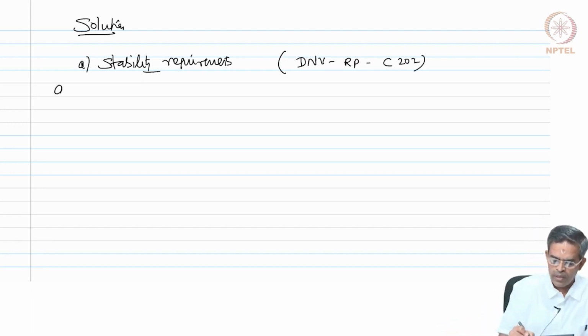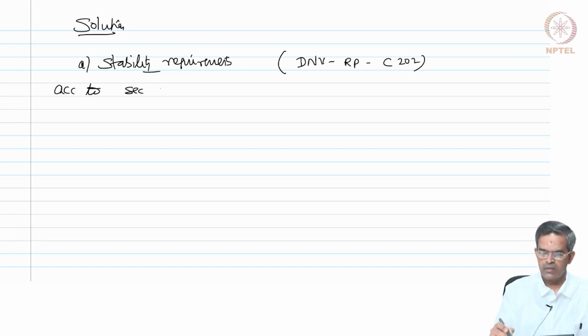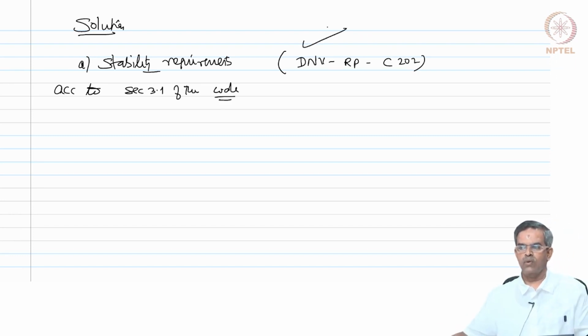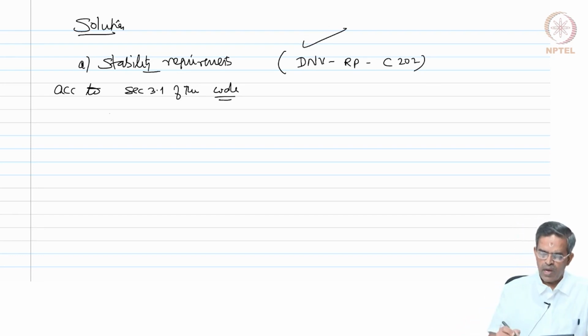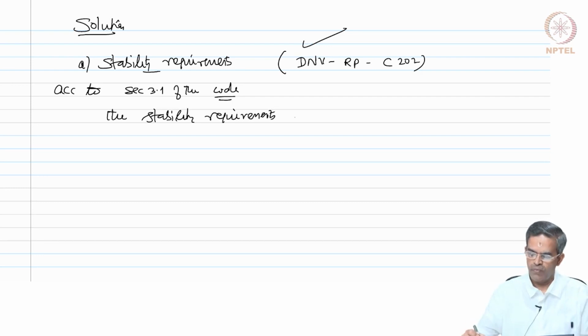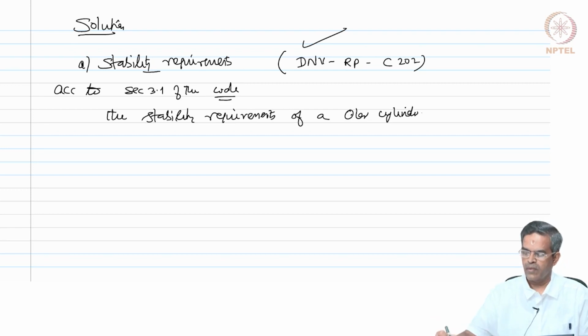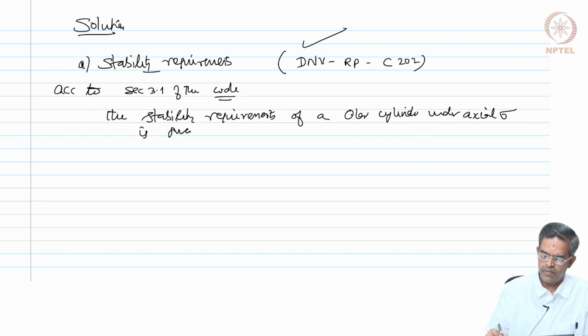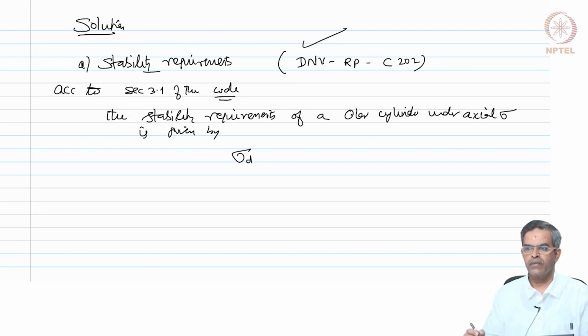According to section 3.1 of the code, the stability requirements of a circular cylinder under axial stress is given by the following equation: sigma d should be less than or equal to f ksd.